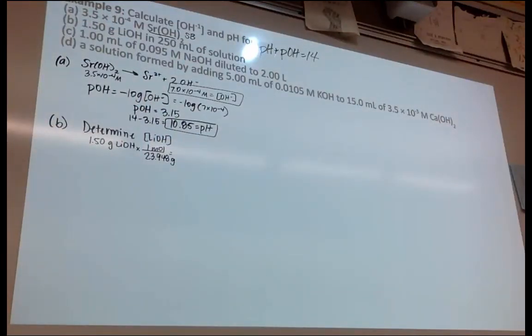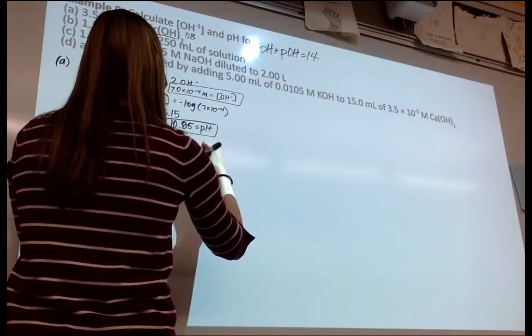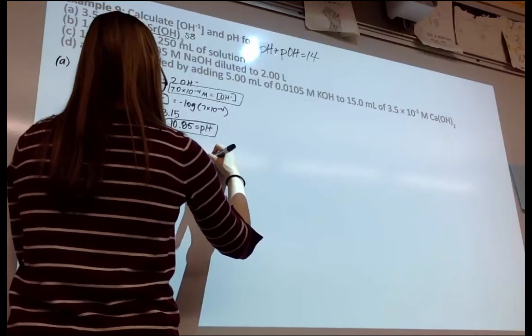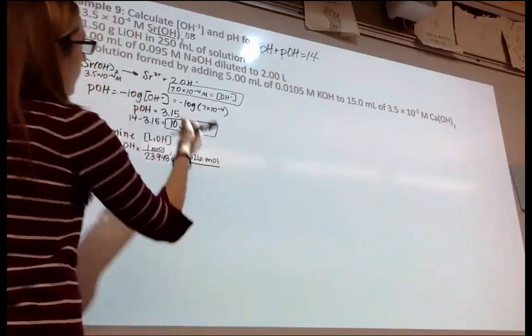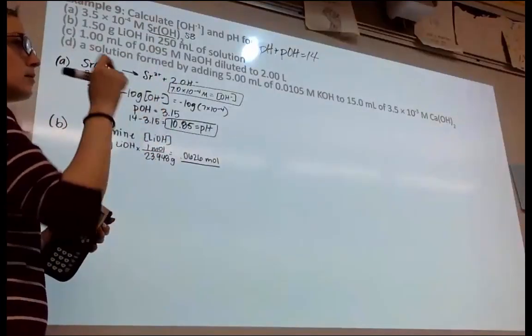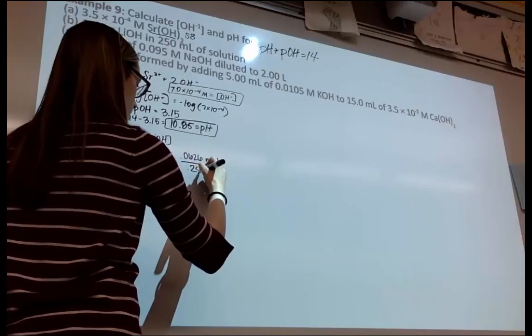So 1.5 divided by our molar mass is 0.0626 moles divided by the volume. Make sure it's in liters. 0.250.